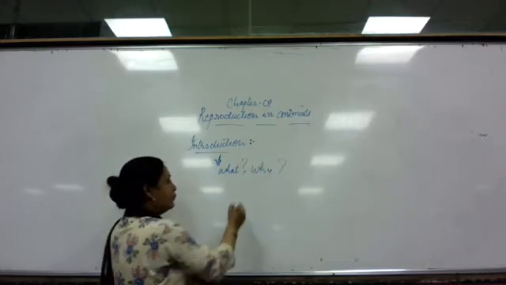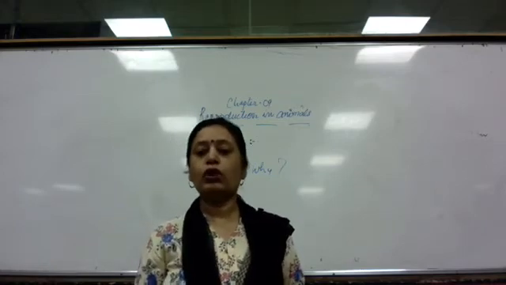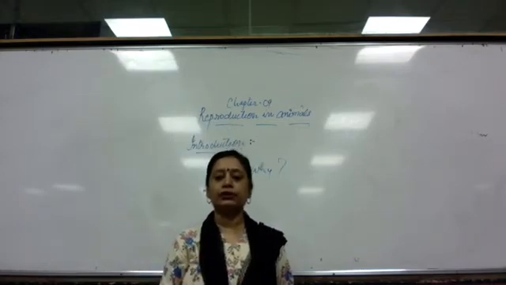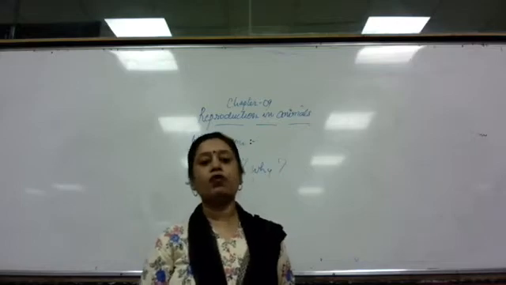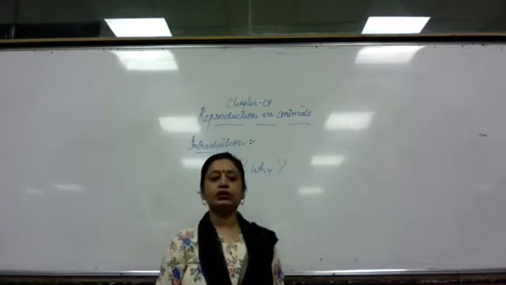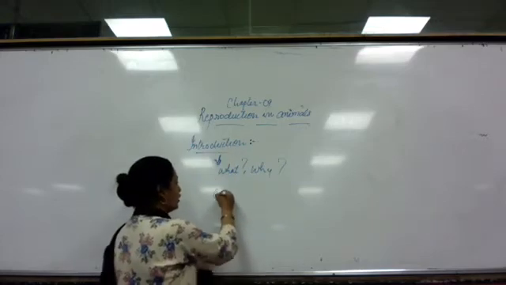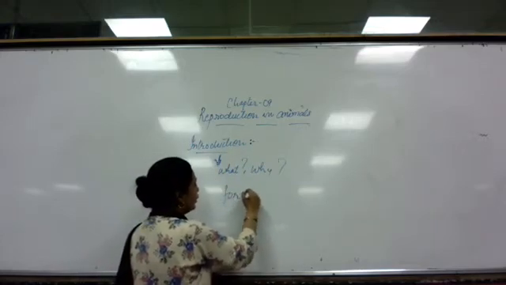Several processes like circulation, nutrition, digestion are very essential for survival. But reproduction is essential for the continuity of species on earth.